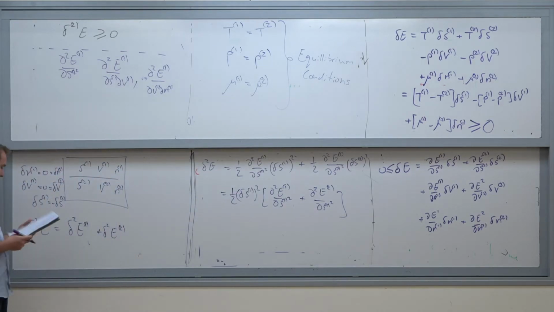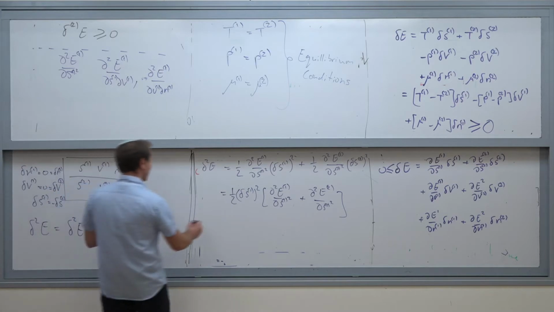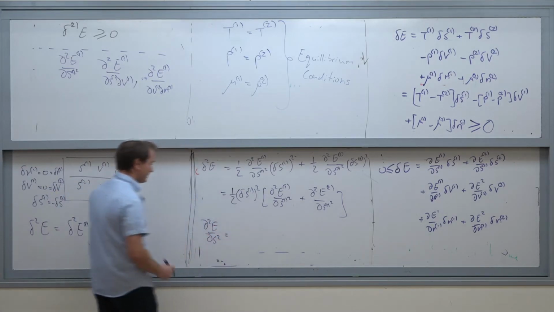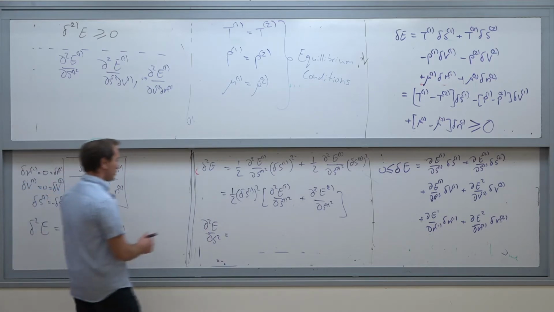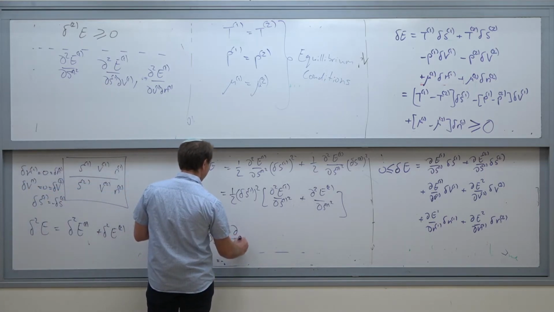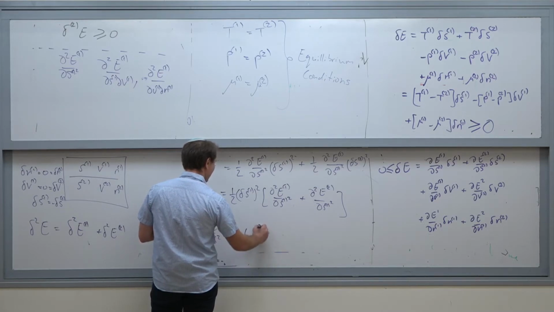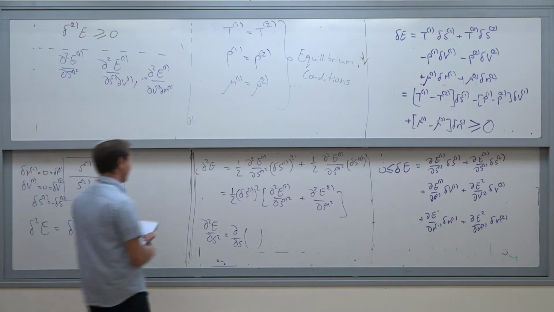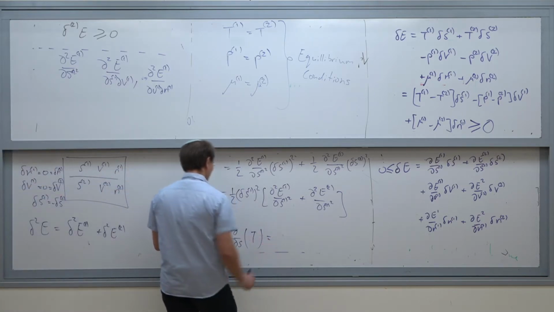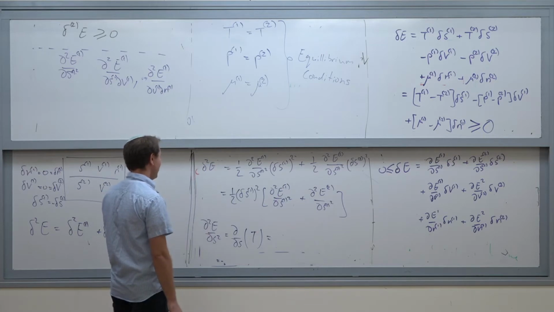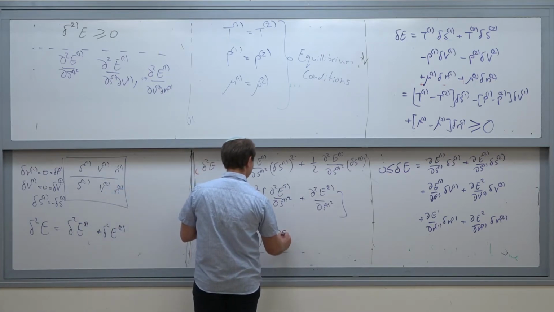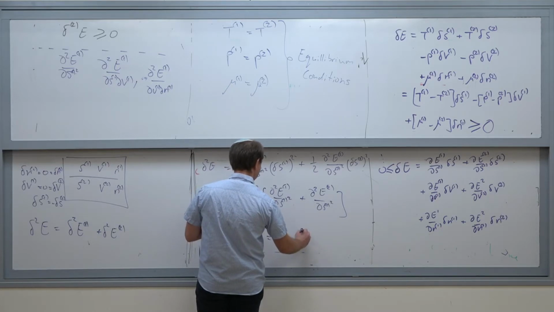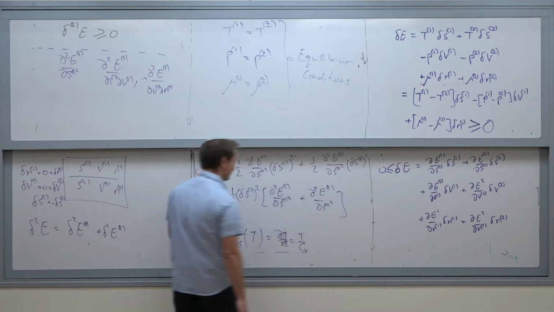Okay. What is d squared E over dS squared? We can write it down as d over dS of, what is dE over dS? T. And what is dT over dS?